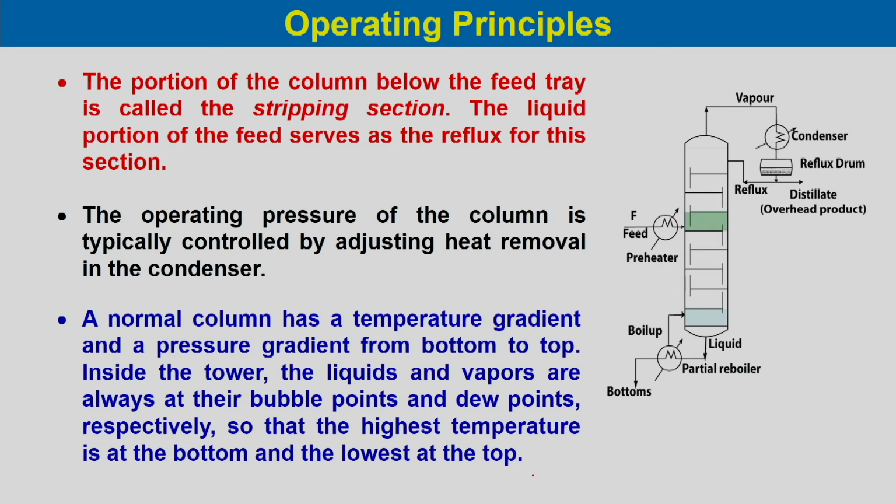A normal column has a temperature gradient and a pressure gradient from bottom to top. Inside the tower the liquid and vapors are always at their bubble points and dew points. The highest temperature is at the bottom and the lowest temperature is at the top, gradually decreasing up the column.